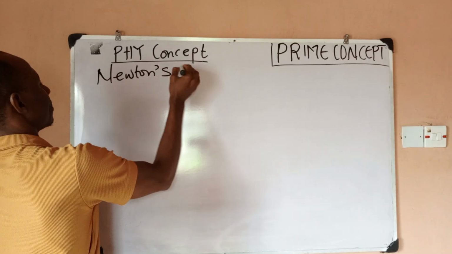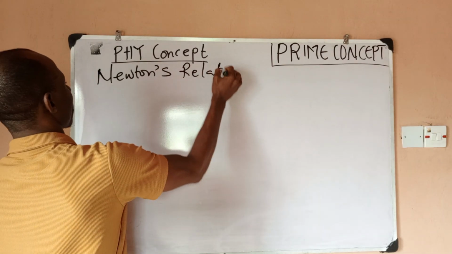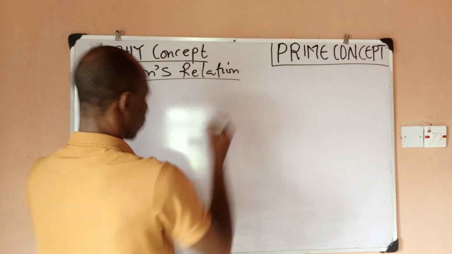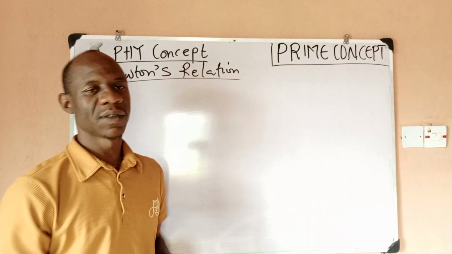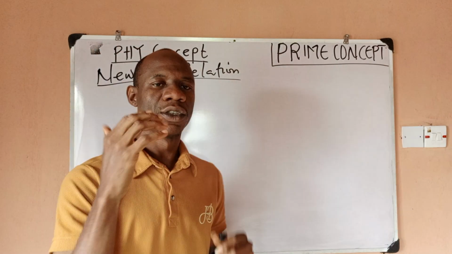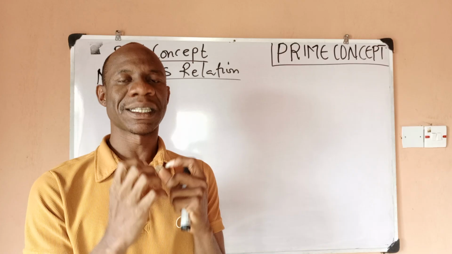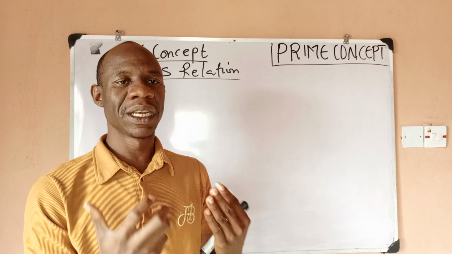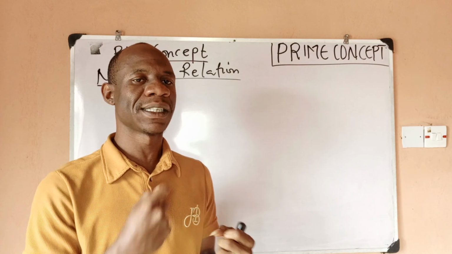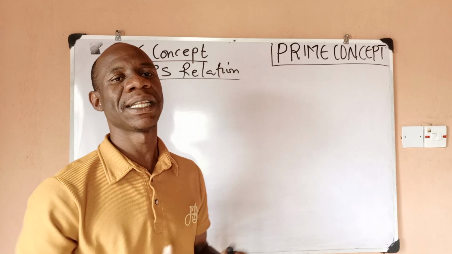Newton's relation for lenses. That's what you want to consider. Now, what is Newton's relation about? Newton's relation is a relationship that simply describes the relationship between an object and the image formed by that object.